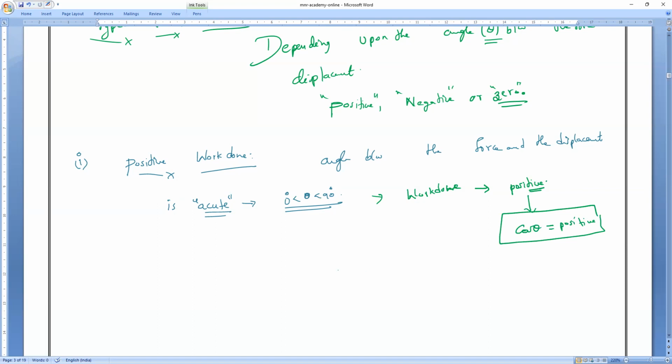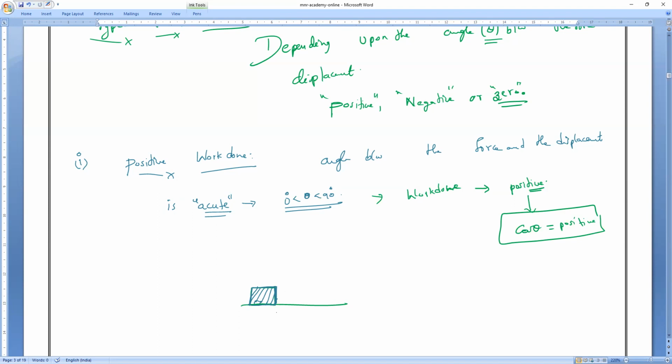How can you say that if work done is positive, cos theta will also be positive? Unless cos theta is positive, how can the work done be positive? Because all the components in the formula are positive, only then the total work done is positive. From cos 0 to cos 90, all the values are positive.